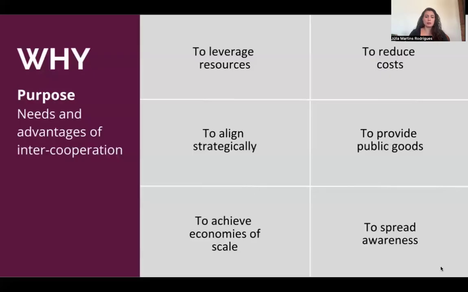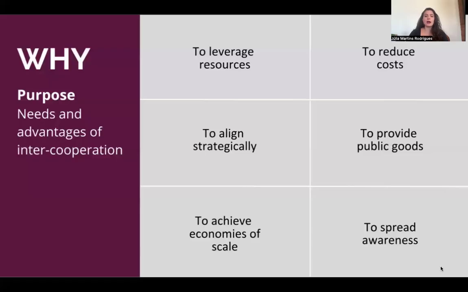And when we talk about resources, we mean this broadly: intellectual property, physical assets, technology, information, finance, legal support, and human resources. Networking allows co-ops to access a wider range of assets, which might be out of reach or too costly to develop on their own.